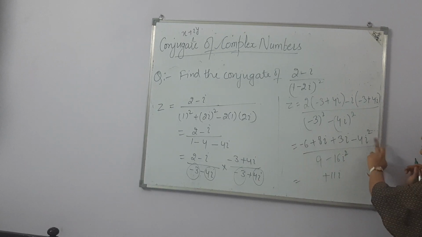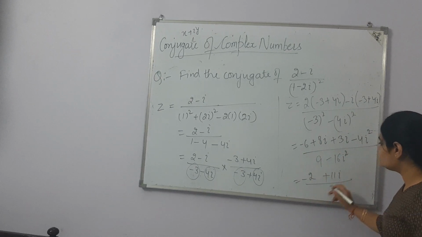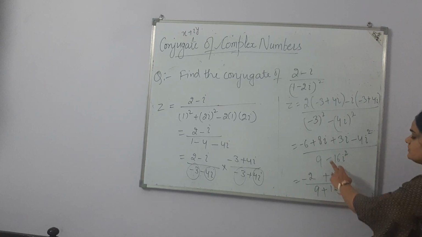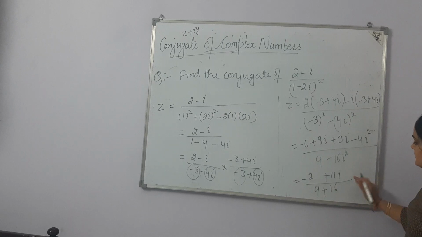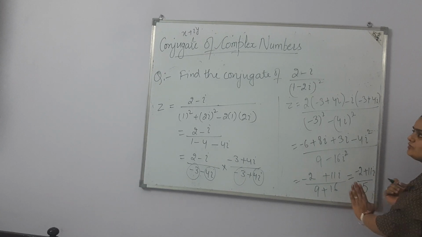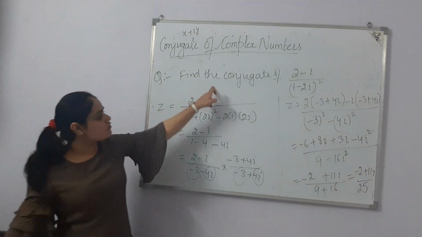Iota square value is minus 1, so minus minus plus 4, minus 6 plus 4, it becomes minus 2. In the denominator 9, iota square is negative, so minus minus plus 16, so it becomes minus 2 plus 11 iota upon 25. So this is the value of z and we need its conjugate.